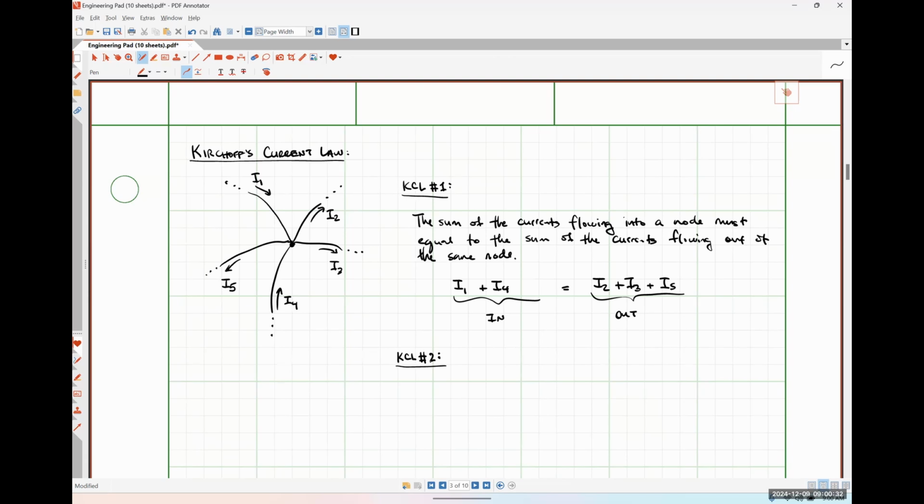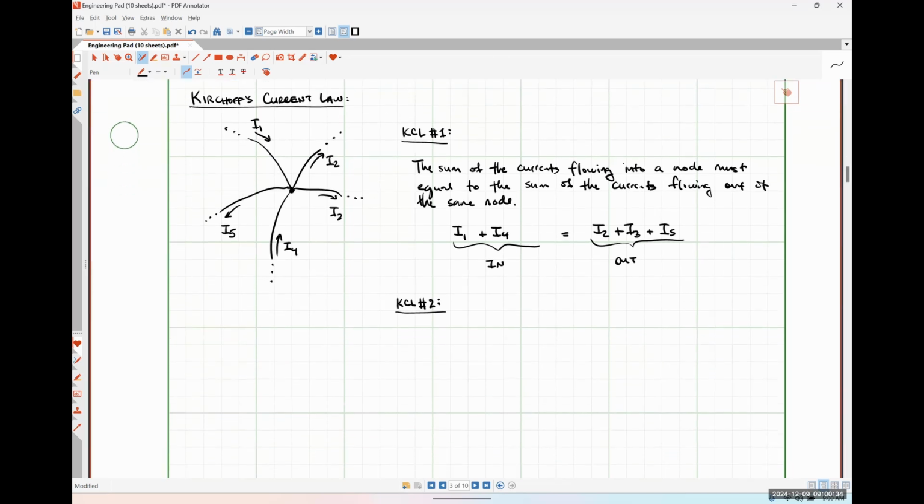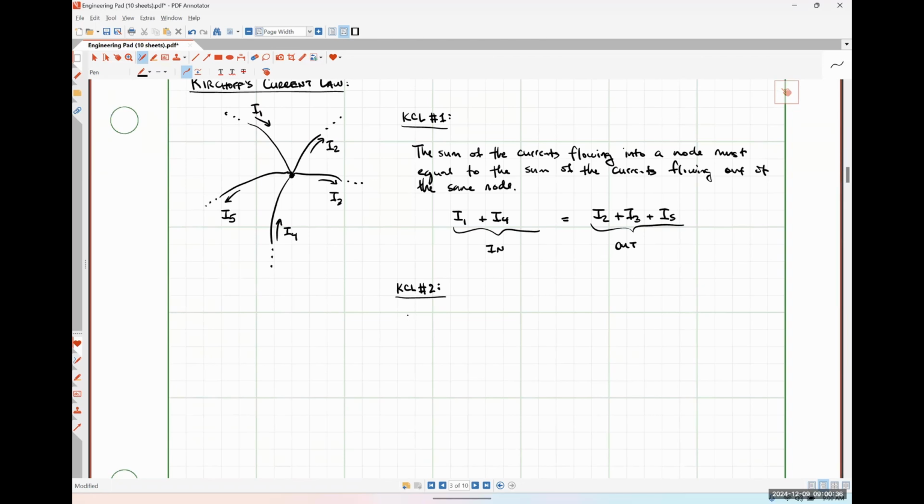So our second formulation for Kirchhoff's current law is simply going to be the sum of the currents entering a node must equal to 0.